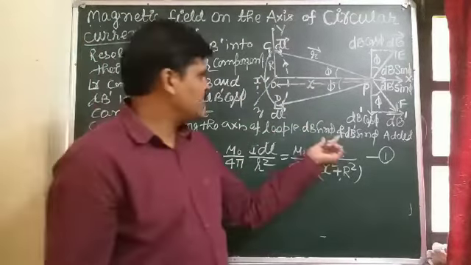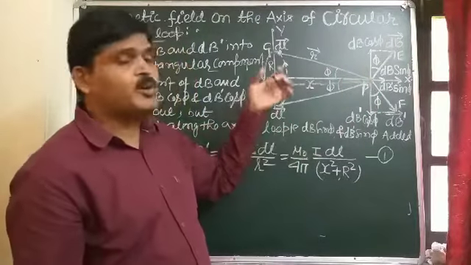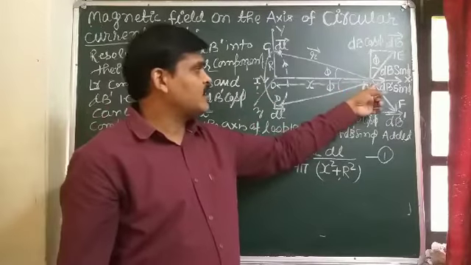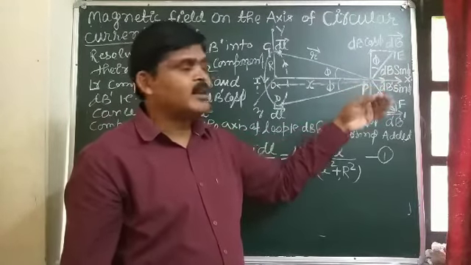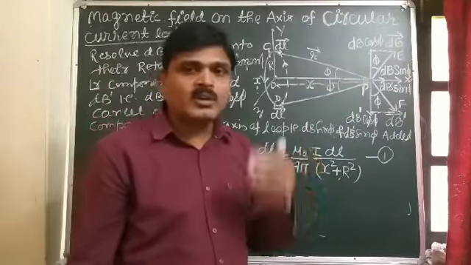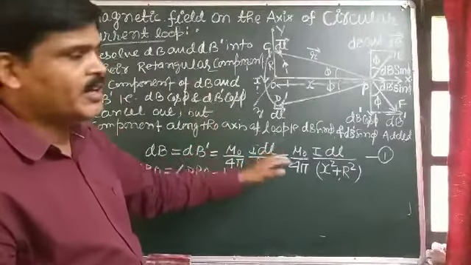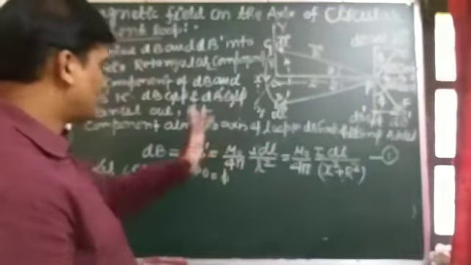So the magnetic field on the axis due to every two diametrically opposite current elements is along the axis, that is dB sin phi, dB sin phi, because dB equals dB dash. So the total magnetic field due to the entire circular current loop can be obtained by integration of dB sin phi.